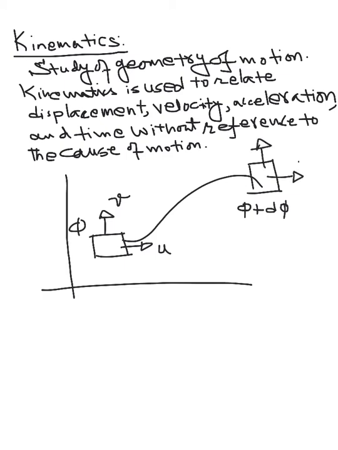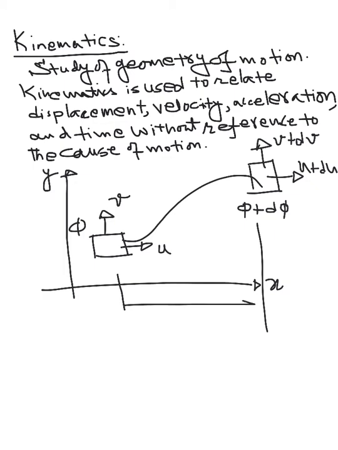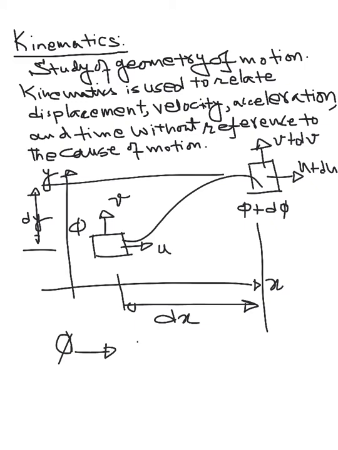So u will be u plus du and v will be v plus dv. See that this element has traveled a distance, for example dx in the x direction, and in the y direction approximately dy. Now I want to calculate the change in the property phi, which is d phi.